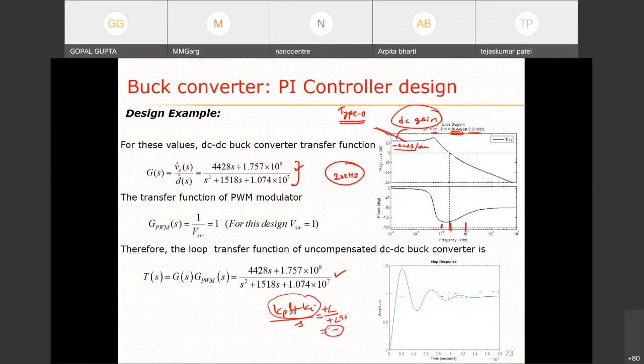PI controller, the transfer function is Kp plus Ki upon s. So this numerator part will provide a positive angle, which is less than 90 degrees, and the integrator part, divided by the same, will provide a negative angle of 90 degrees.